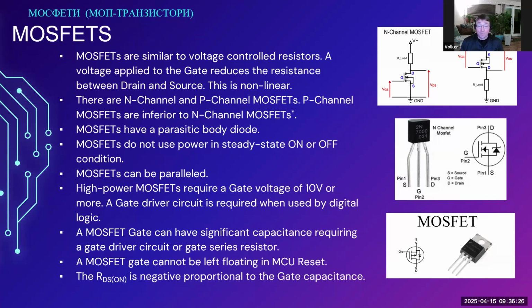You can find MOSFETs for hundreds of amps. And depending on the package, some MOSFETs are rated for currents because their on resistance is so low, 3, 4 or 5 milliohms in full on state, that effectively the package terminals have a higher resistance than the silicon in the MOSFET.